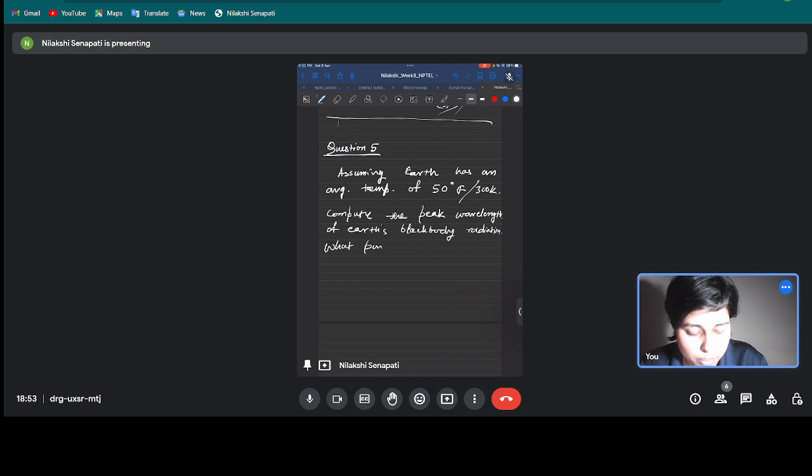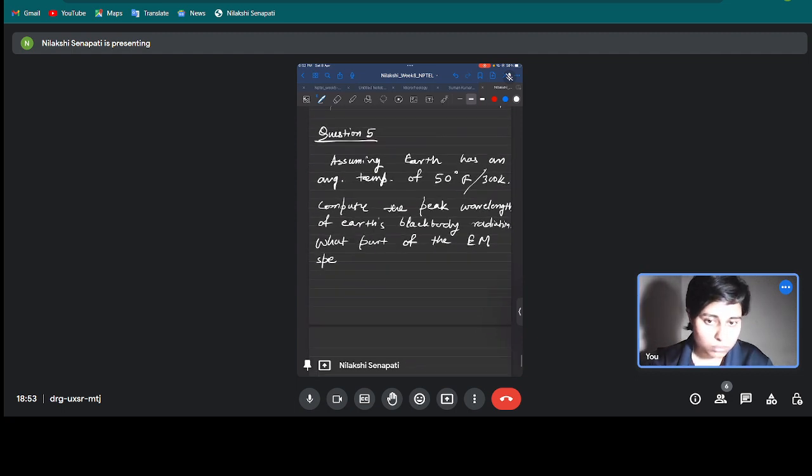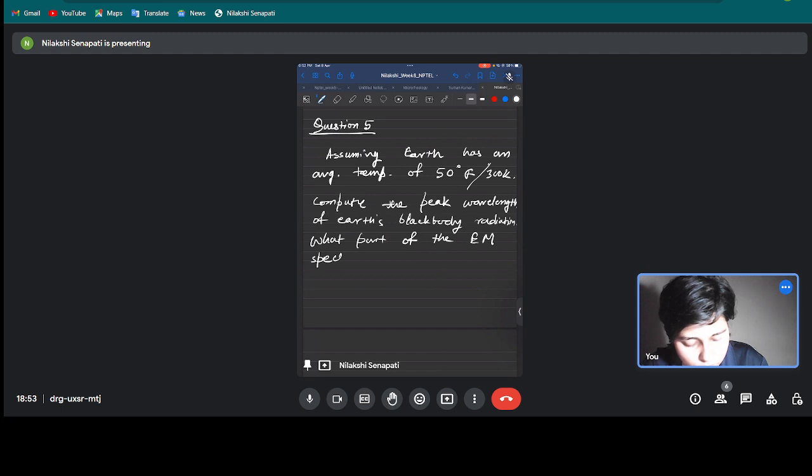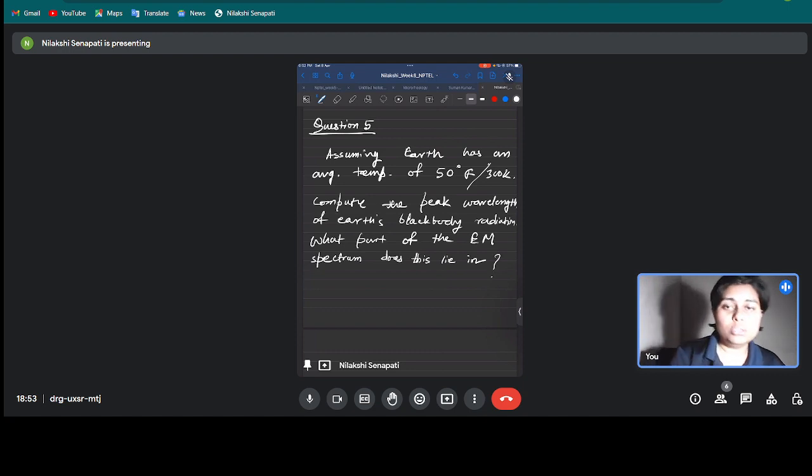What part of the EM spectrum does this lie in? So you need to tell this, how will you solve it. Anybody, please, how will you solve it?